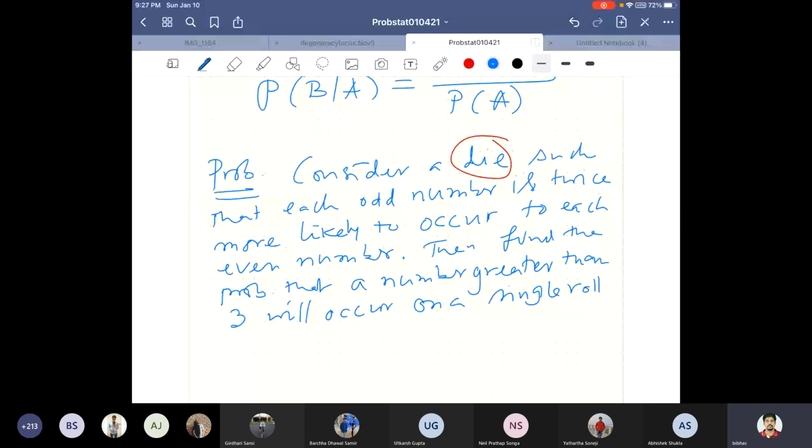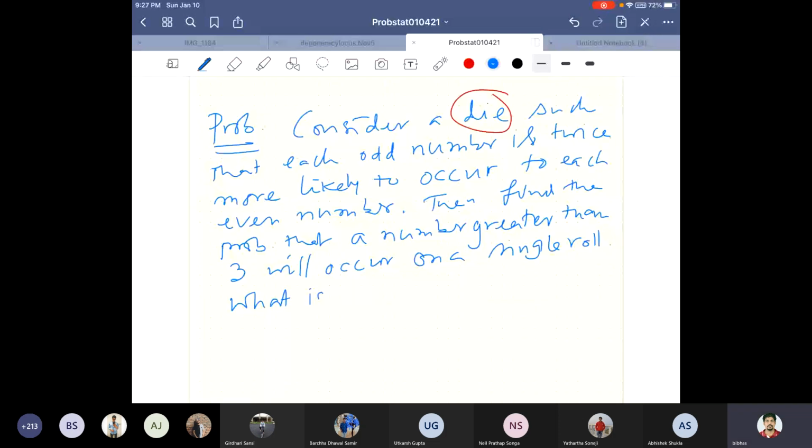Let's say my second question is, what is the probability that the number is a perfect square? I mean, the outcome is a perfect square once you roll the die.